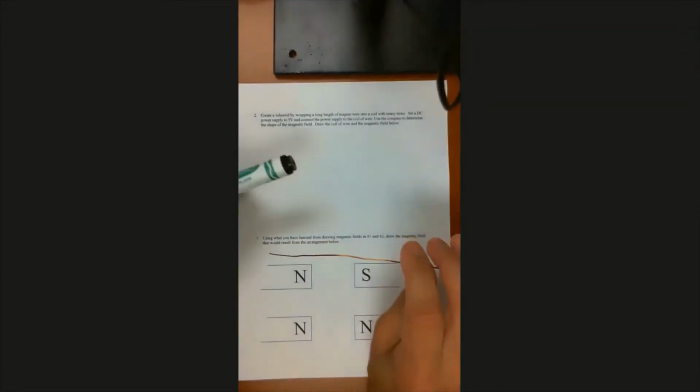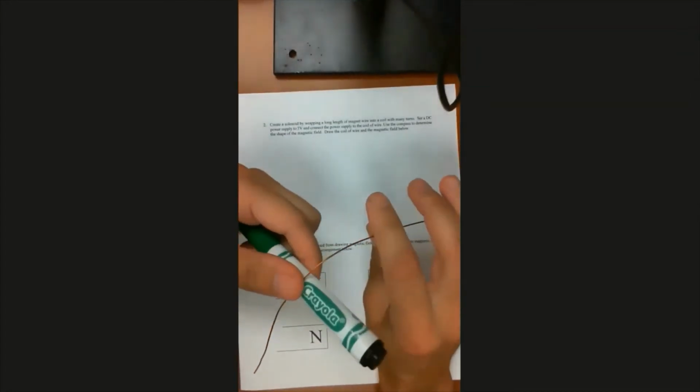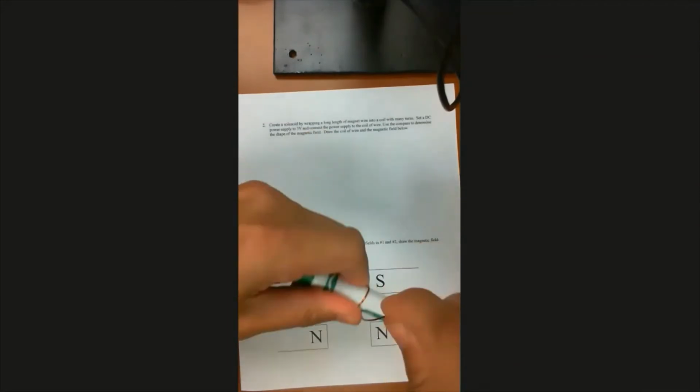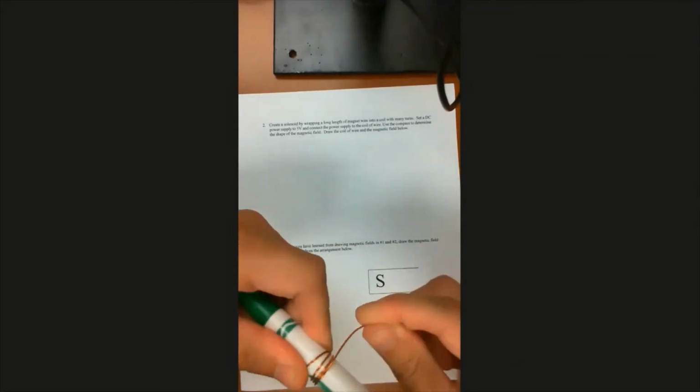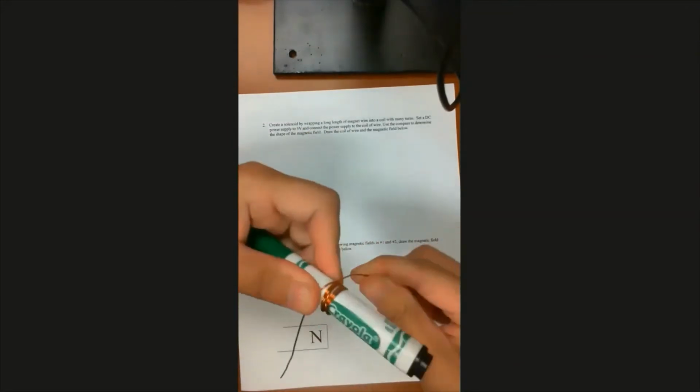And what I found works pretty well is to wrap it around a marker. That's kind of a nice diameter. So I'm just going to start wrapping this wire in a coil around this marker.